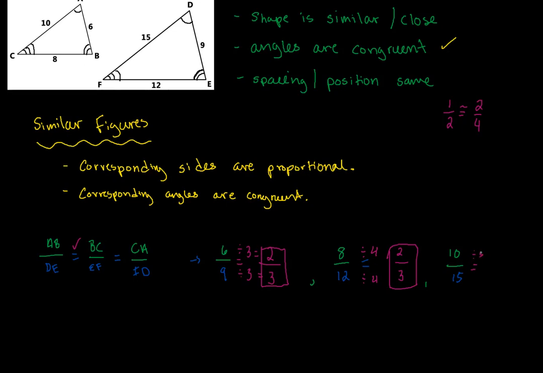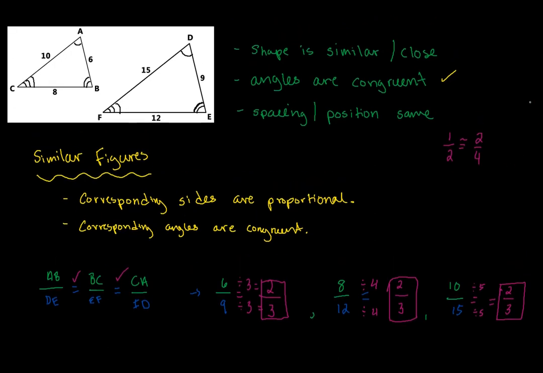So we can divide them both by 5. If we divide 10 by 5, we get 2, and 5 goes into 15 3 times. So we also get 2/3. So far, all three of them are proportional. They're equal to each other. So therefore, these two figures are similar.